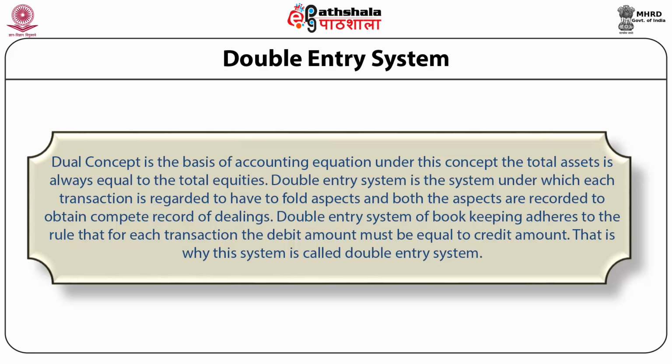Double entry system of bookkeeping adheres to the rule that for each transaction, the debit amount must be equal to the credit amount. That is why this system is called double entry system.